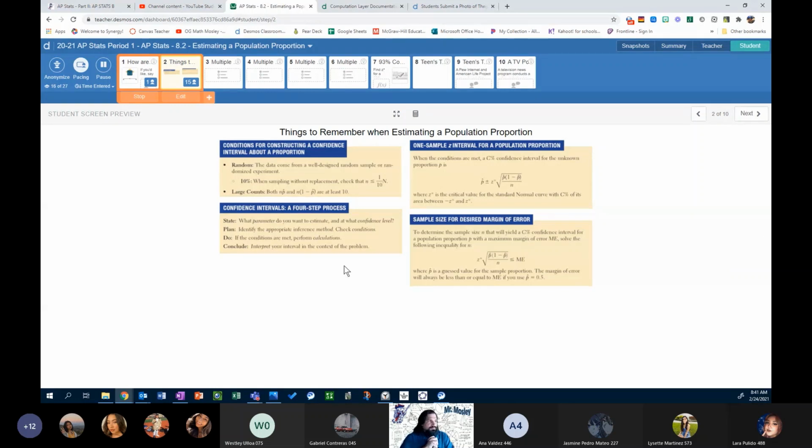So the first 4 questions we're going to have here are multiple choice. However, they do involve work to actually get the answer. You could just guess, and you have a 1 in 5 chance of getting it correct. However, if you do the math, which is what we're here to do, you have a much better chance of getting it right.